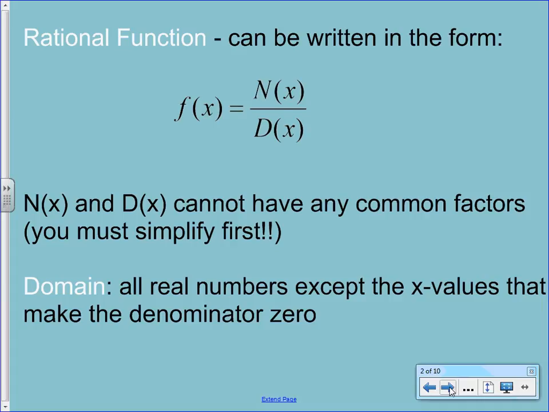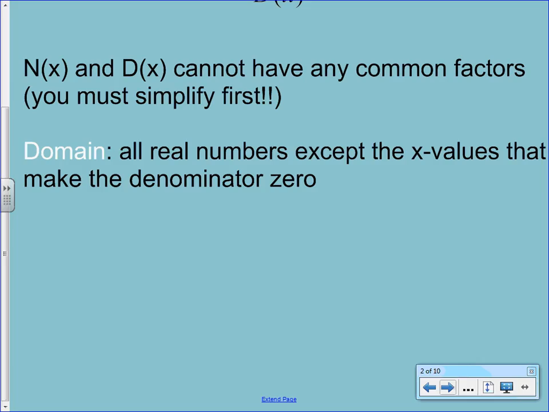A vertical line, right? So wherever the denominator is 0, it is creating a vertical asymptote in our graph.